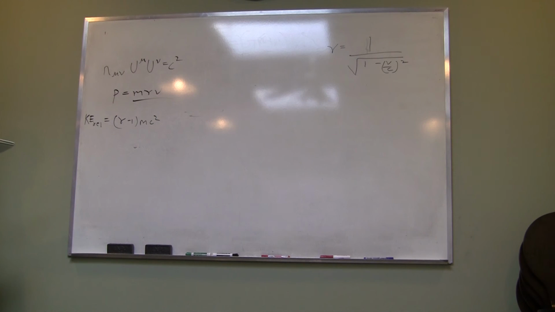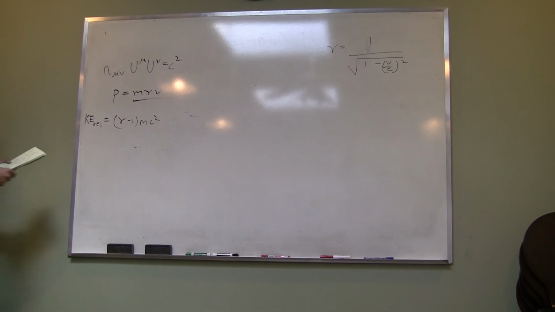What they're doing is work is f dx, and for f they put ma, and for acceleration they put dv by dt. Then they have the chain rule, dv by dt is dv by dx times dx by dt, and dx by dt is v. So they have m v dv, then they integrate it, and m is also a function of velocity because of m upon root 1 minus v square by c square. Integrate it, and then they get this eventually.